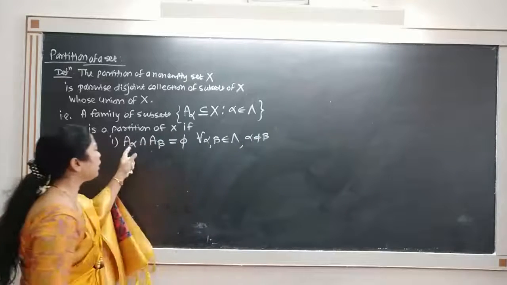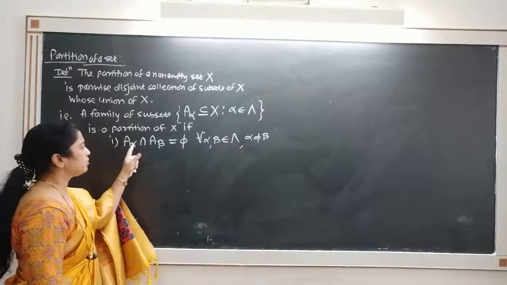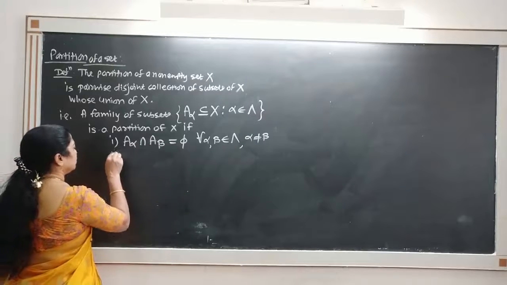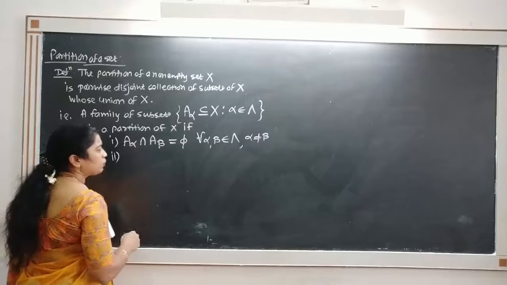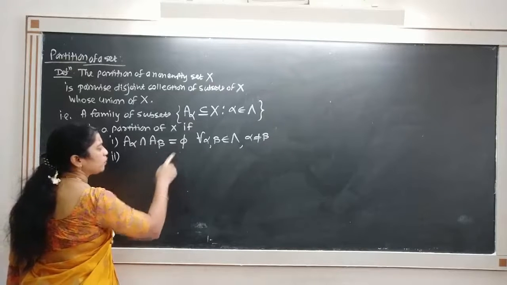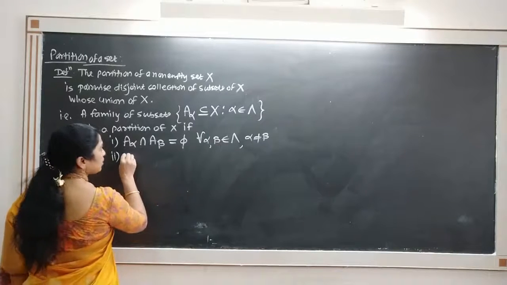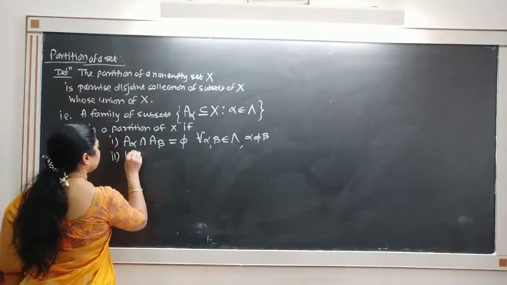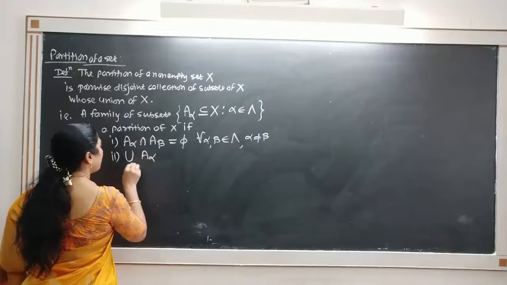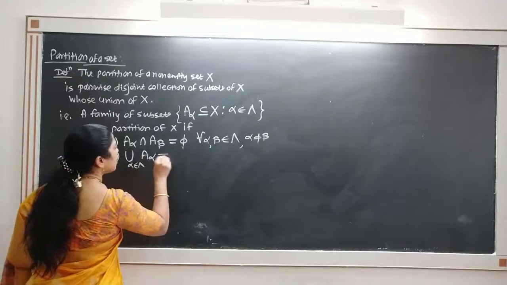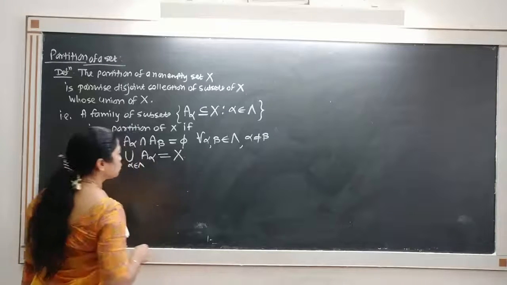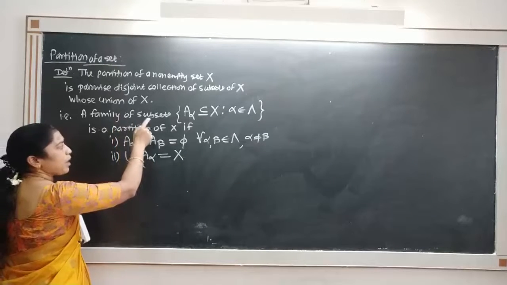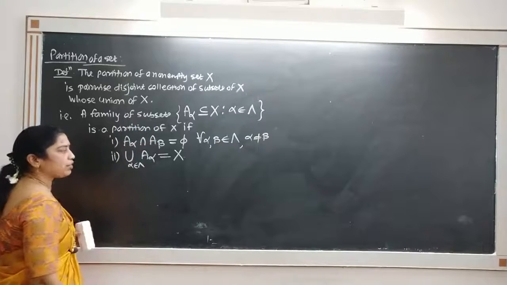That is, if you take any two partitions, their intersection should be empty, that is the phi set. And the second is that the union of all A alpha, alpha belonging to the index set, is always equal to X. So if these two conditions are satisfied, we say that the family of subsets gives a partition of X.